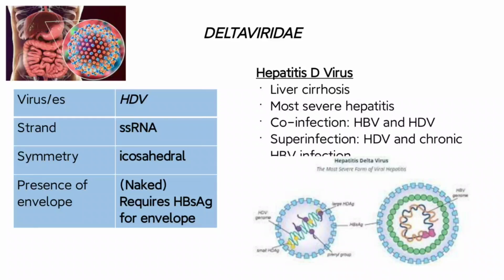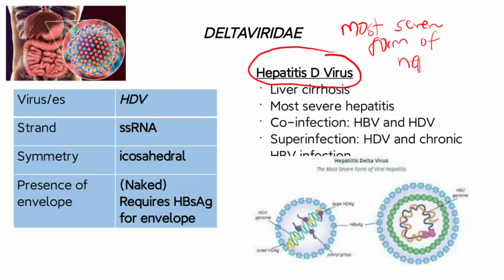So, hepatitis D. Technically, if you are infected with the hepatitis D virus, ibig sabihin, you have the most severe form of hepatitis. Okay, ulitin natin, hepatitis D virus is considered as the most severe form of hepatitis.